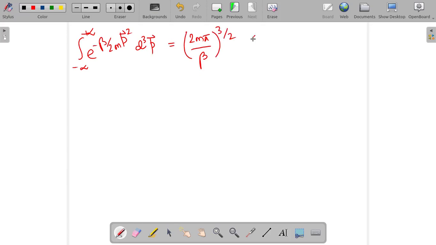Please complete this calculation as your home task.